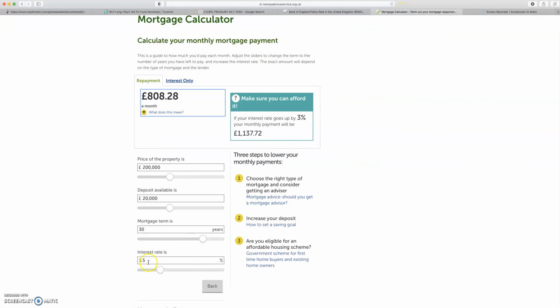If we go to 6% plus the 3.4% bank fee, our monthly repayment jumps from £808 a month in this hypothetical example to £1,500 a month. £800 a month to £1,500 a month. And remember the interest of 525 a month, we're looking at 1410 a month on interest alone.